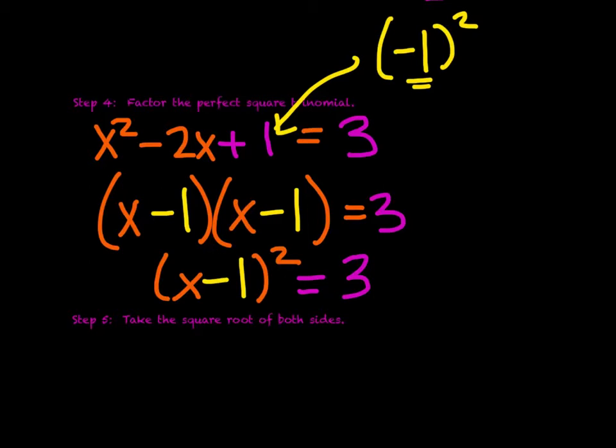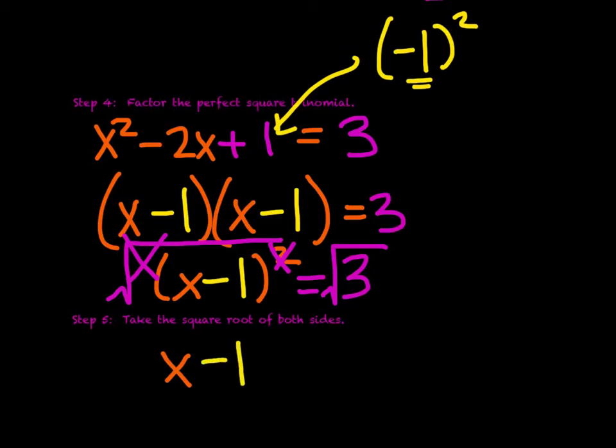Our next step, we need to take the square root of both sides. So if we take the square root of x minus 1 squared, the square root actually cancels out the squaring, so we just have x minus 1 on the left-hand side, and on the right-hand side we have the square root of 3.